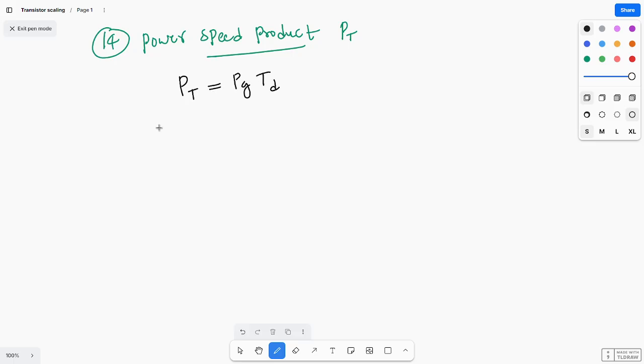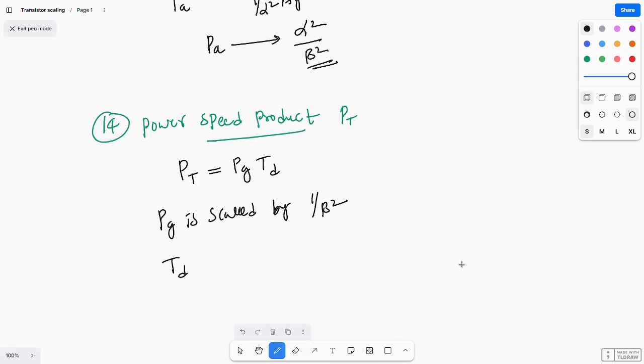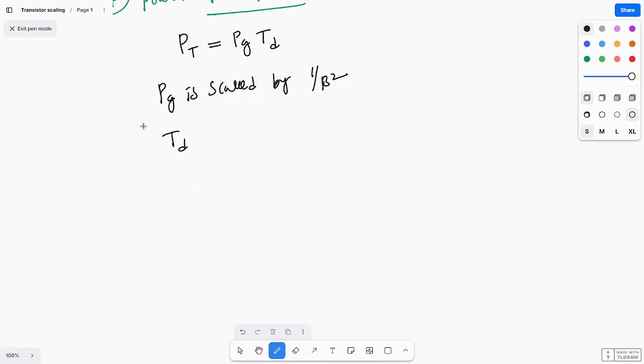So PG is scaled by 1 by beta square, and TD, the time constant, previously we have seen, is scaled by beta by alpha square.